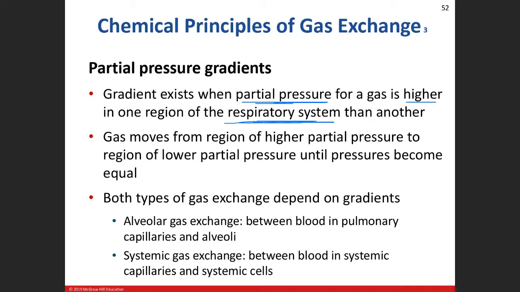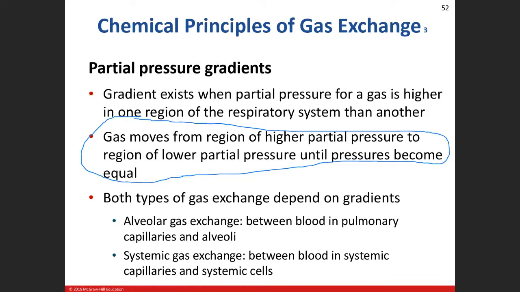This concept is a big review: gas moves from one region of higher partial pressure to a region of lower partial pressure until it becomes equal. That's equilibrium. I won't say homeostasis, but that's equilibrium. Nature loves equilibrium, loves balance, which we're always trying to do here.